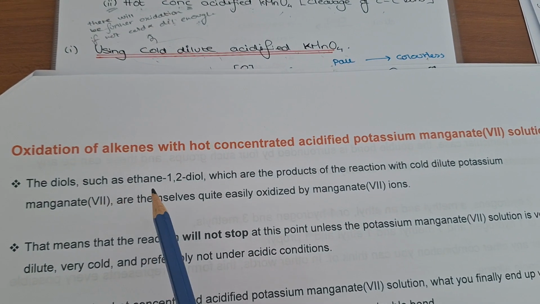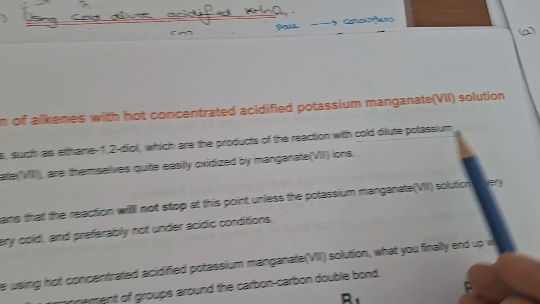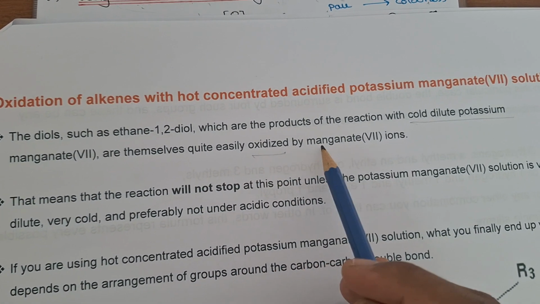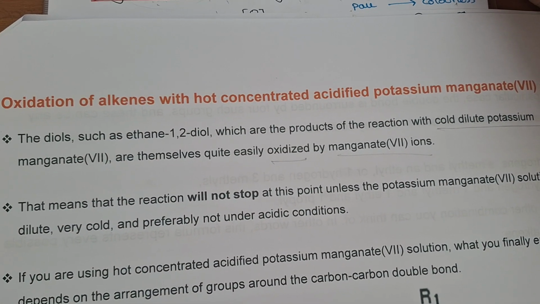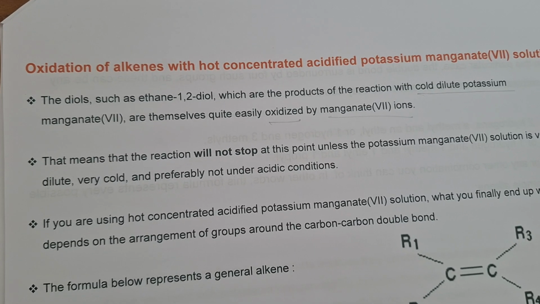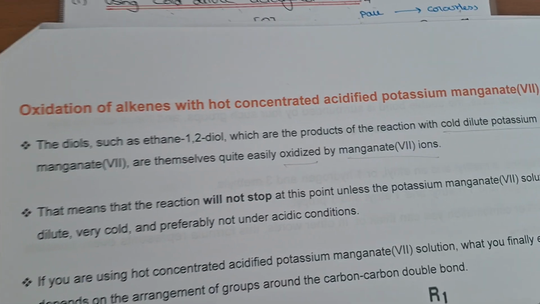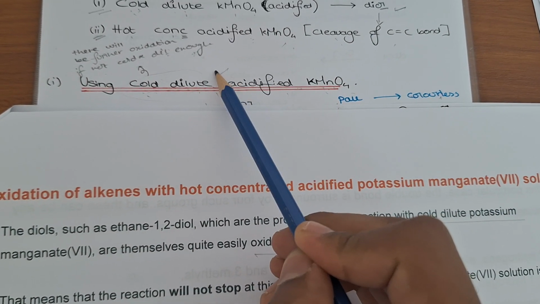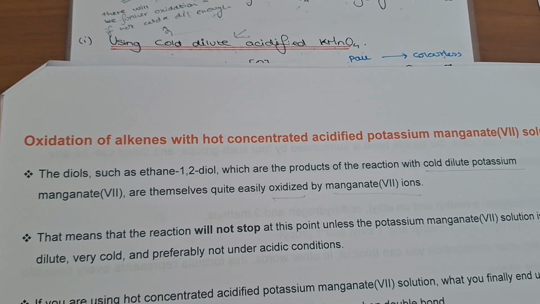The diols such as ethane-1,2-diol, which are the products of the reaction with cold dilute KMnO4, are themselves quite easily oxidized by the manganate(VII) ions. That means this diol itself can be oxidized further and gives another product. So if we want to get only a diol, we need to follow these conditions very strictly, otherwise there will be further oxidation.